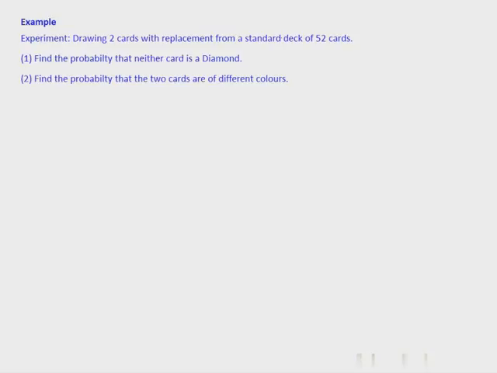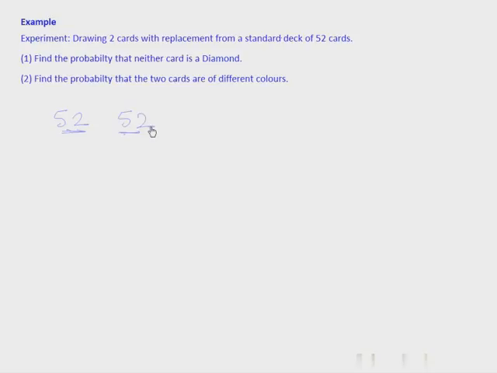So, how many different outcomes are there? That's always the first question we ask in probability, which is always the first question we ask in permutations and combinations. How many different ways can this experiment happen? So you're drawing 2 cards with replacement. When I draw the first card, I have 52 possible outcomes. Then I put back that card. So when I draw the second card, I still have 52 different outcomes.